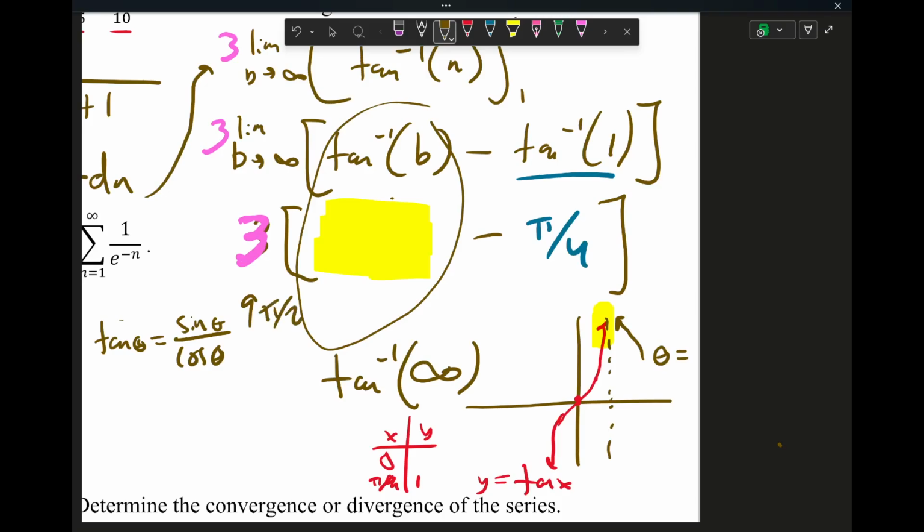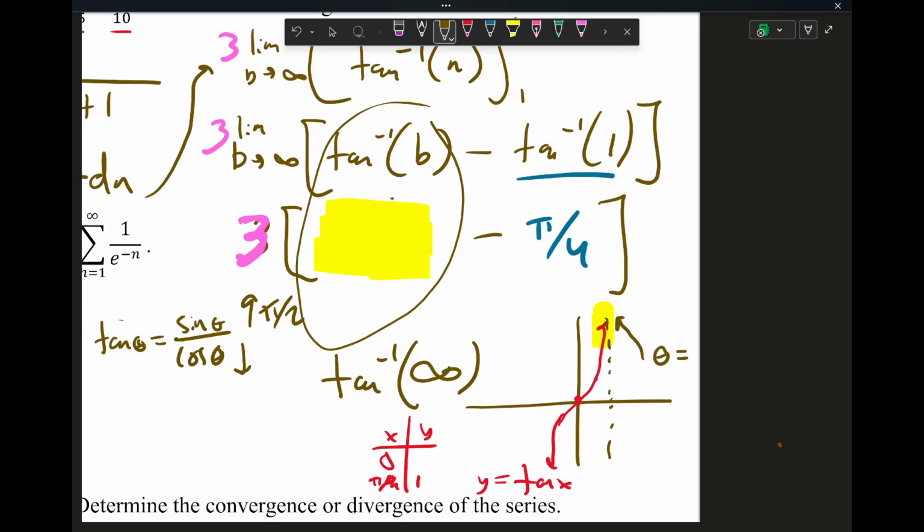At pi over 2. Okay, and if I want my fraction to be as big as possible, do I want the denominator to be as big as possible or as small as possible? Small. The smaller a denominator is, the bigger your fraction is.